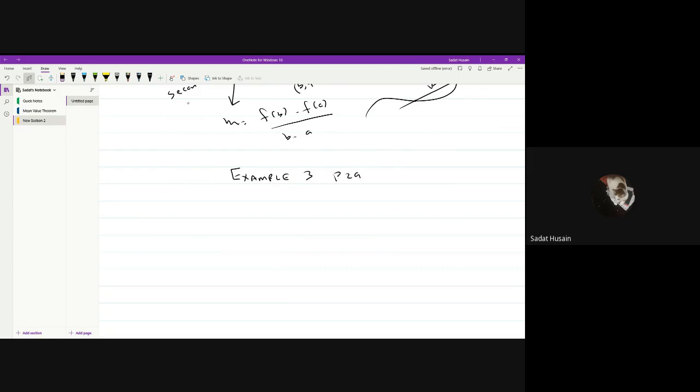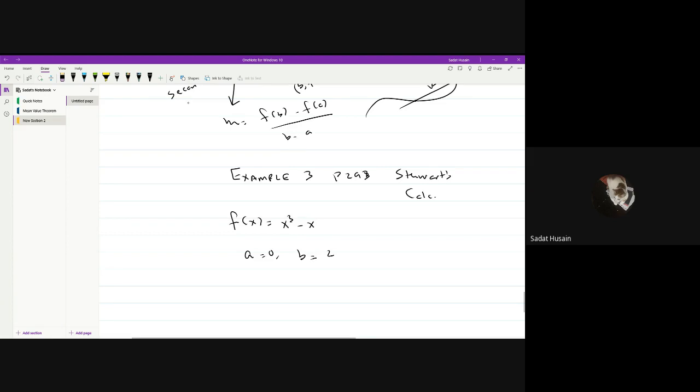So you have a function, f of x equals x cubed minus x. Now you let a equals 0 and b equals 2.